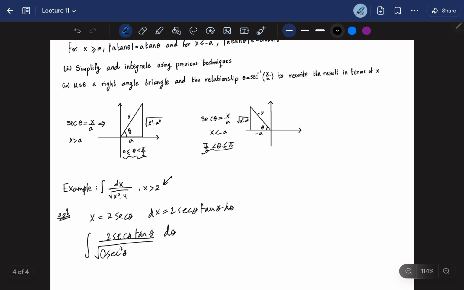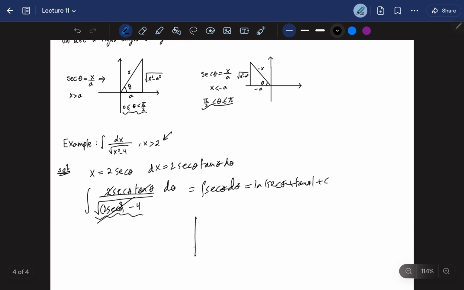Once you simplify the denominator, you're going to get 2 tan. So I'm going to cancel the 2 tan with this. So I have the integral of secant theta d theta, which is just ln of secant plus tan plus c.